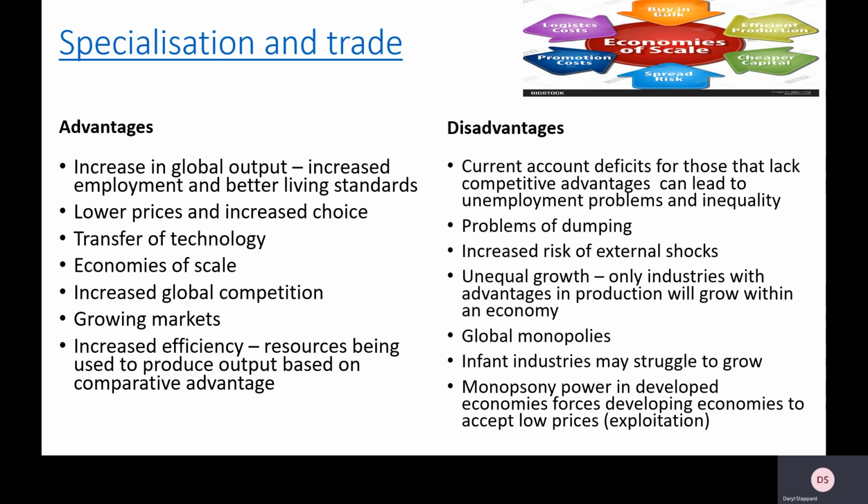You tend to get unequal growth as well. So only industries in your economy where you have absolute and comparative advantage will grow. So in the UK, for example, we've lacked these advantages in the production of steel, textiles, etc. And those industries have declined, whereas financial services is a big strength for the UK economy. And then those things will grow.